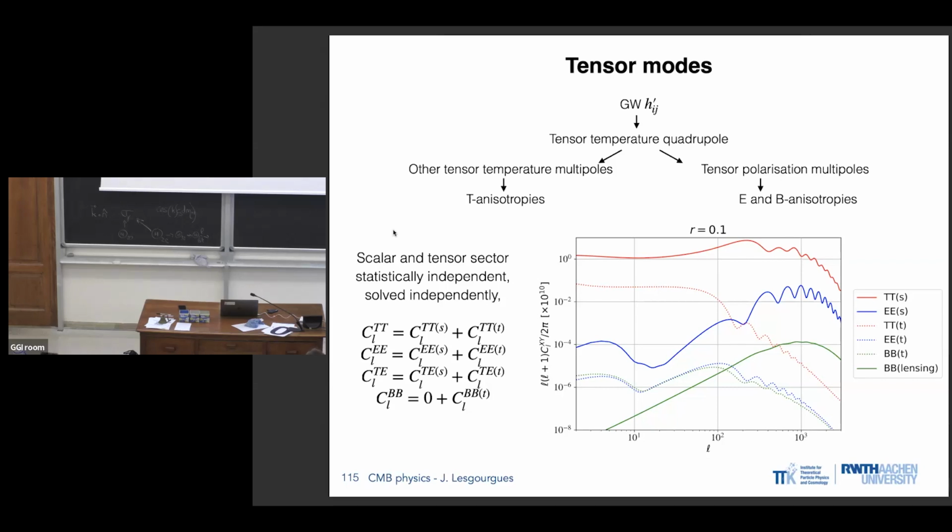It's tempered a bit by the fact that there is this green curve. The green curve is something we will describe later. It comes from CMB lensing. CMB lensing is a distortion of the patterns on the last scattering surface that you compute by going to the next order in perturbation theory.